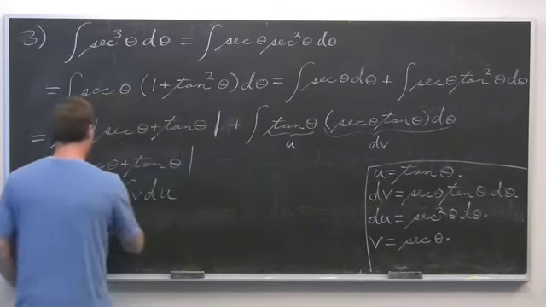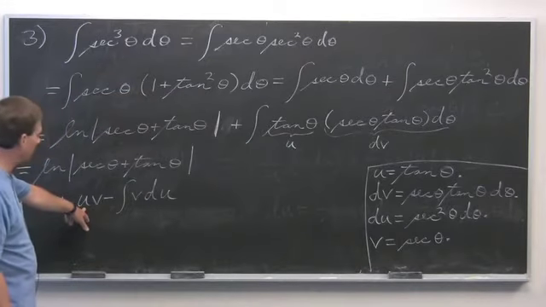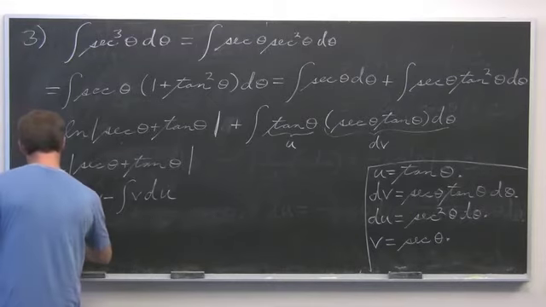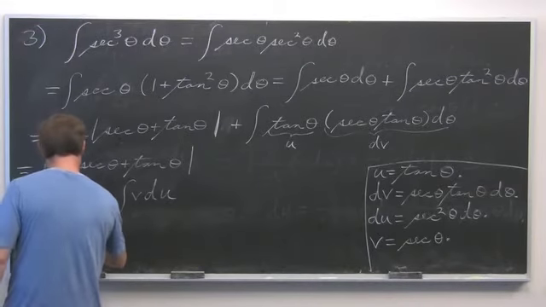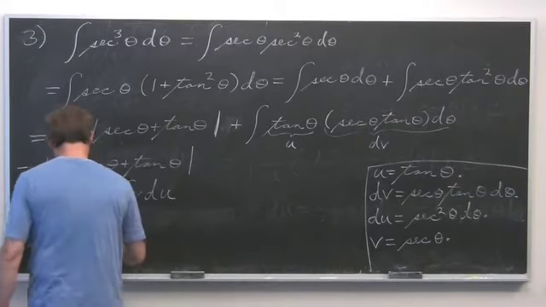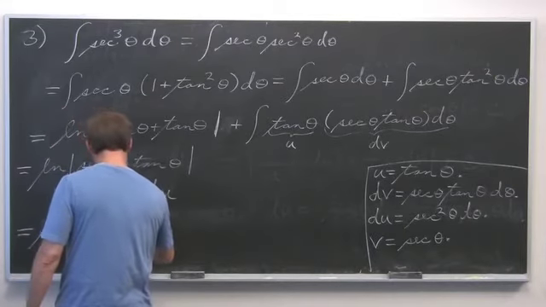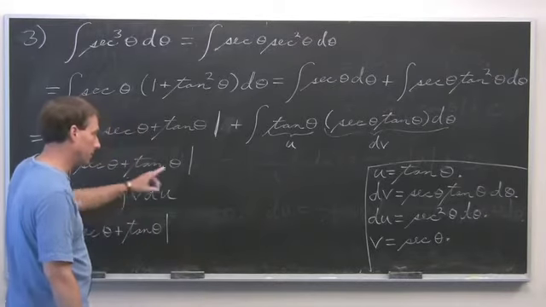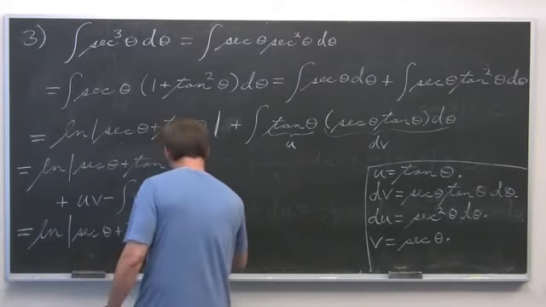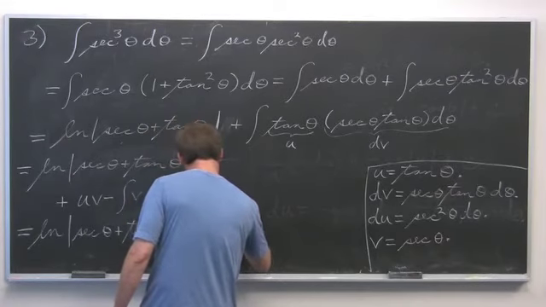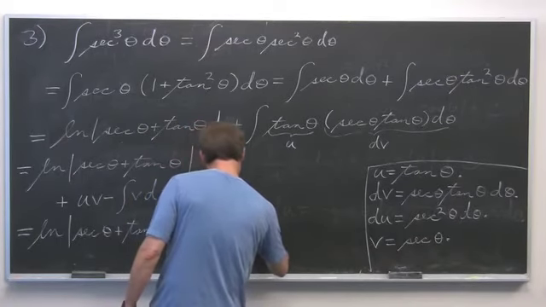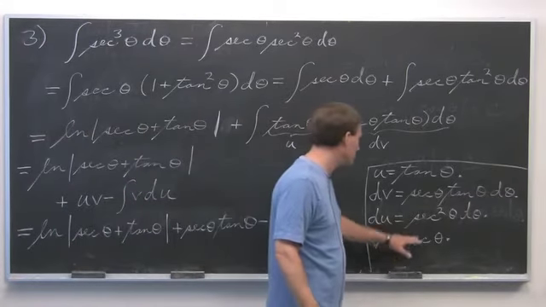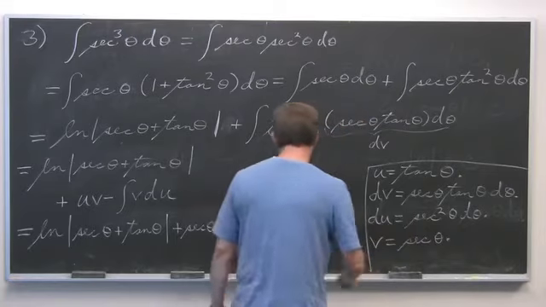And just to keep my order the same, I'm going to reverse things so secant comes first, to be consistent. Natural log of the absolute value of secant theta plus tan theta, u times v, secant theta times tan theta, and then minus the integral of v du. What is v du? It's this times this. That's secant cubed theta d theta.